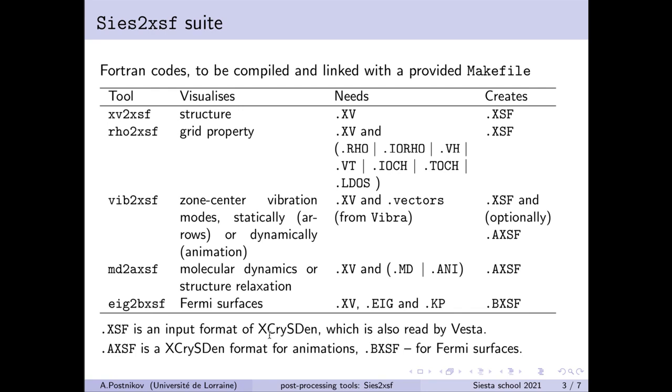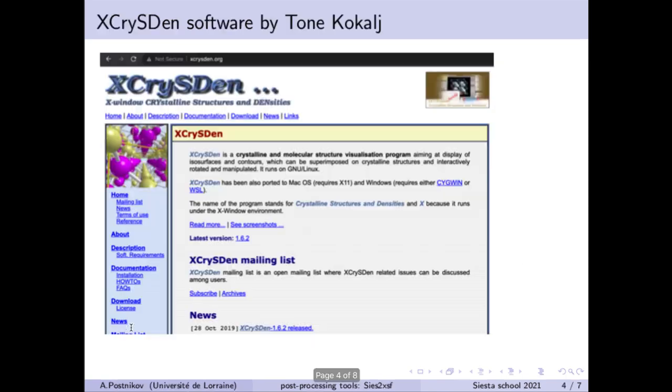The native format of XCrisDen software is XSF, and another useful software which I will mention, which is called Vesta, also permits to read directly this XSF format for the crystal structure information.